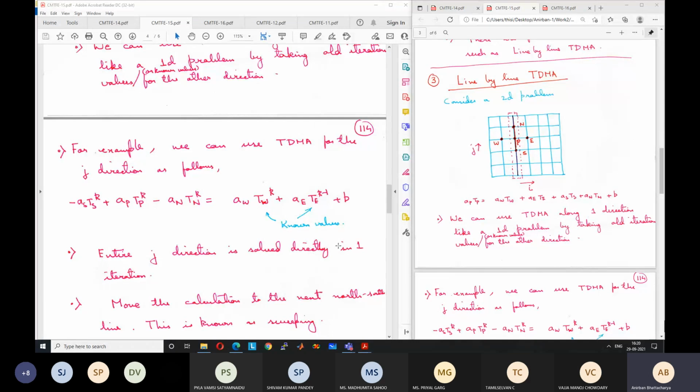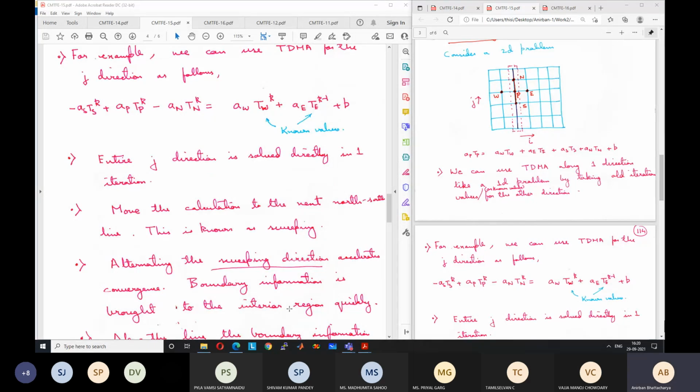This movement is known as sweeping. And the information passes along this direction along which you are using TDMA.